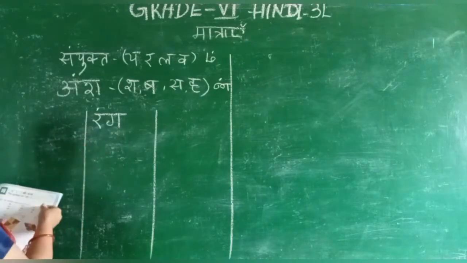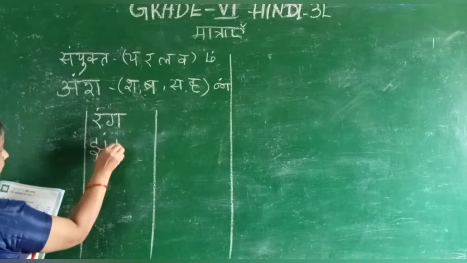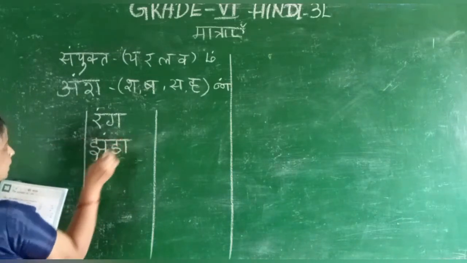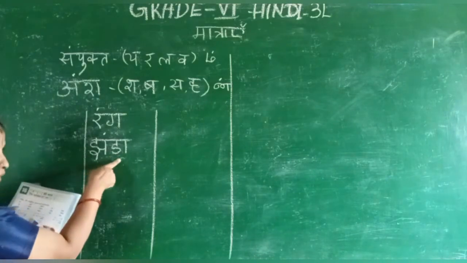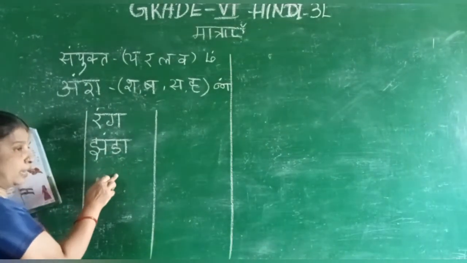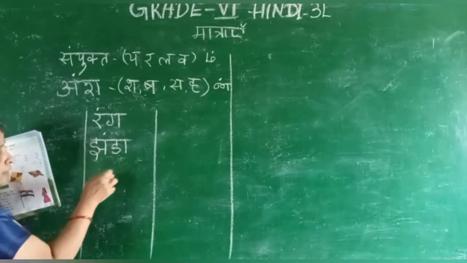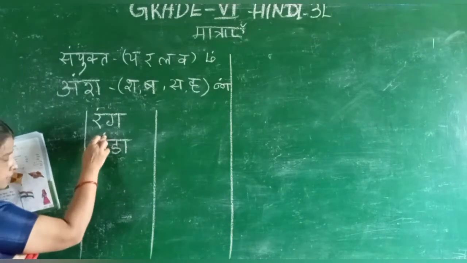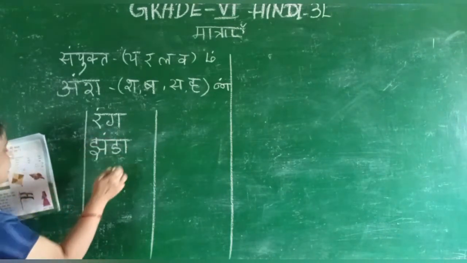Is it clear? Now, after the dot, which letter came? Da, tatta, dada line. So if the tatta, dada letters came, what is the sound of this dotted letter? In, ja, in, da, janda.